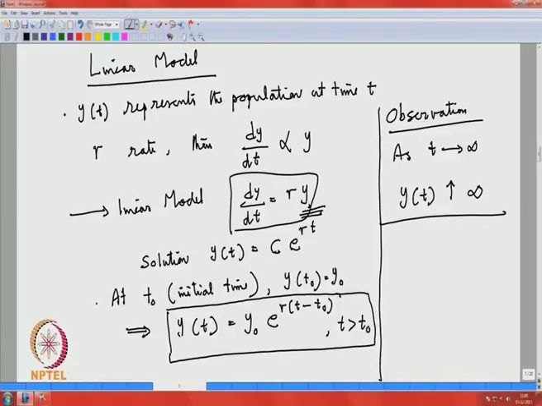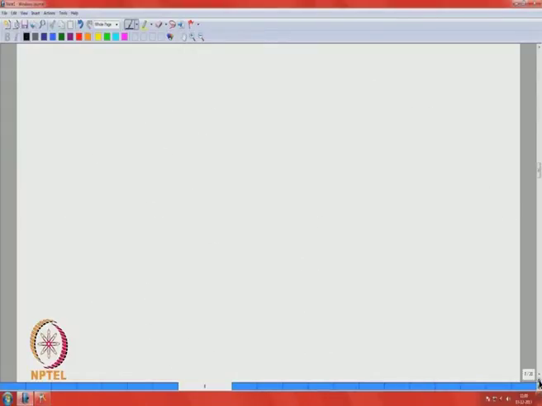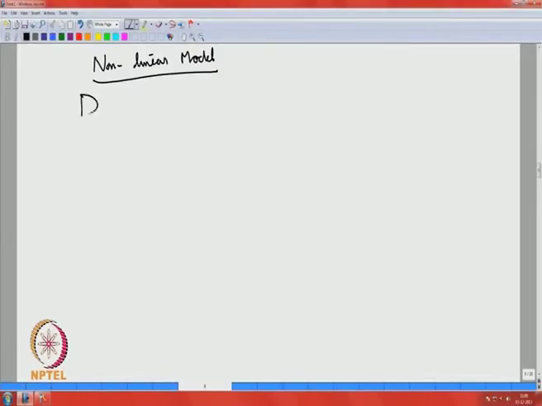So we are going to introduce a nonlinear model with just one fact, that you are taking into account the competition between the species within them, not the competition with another species. This is given by one of the famous Dutch mathematical biologists.